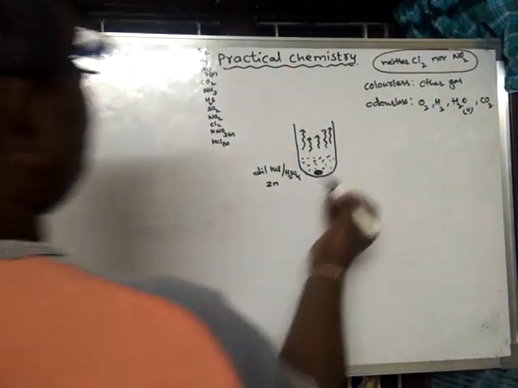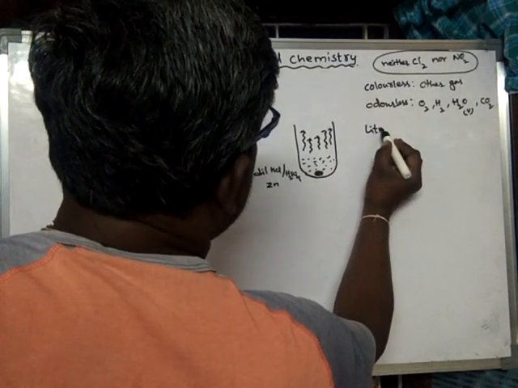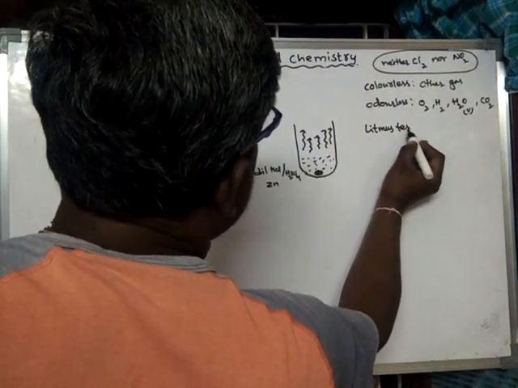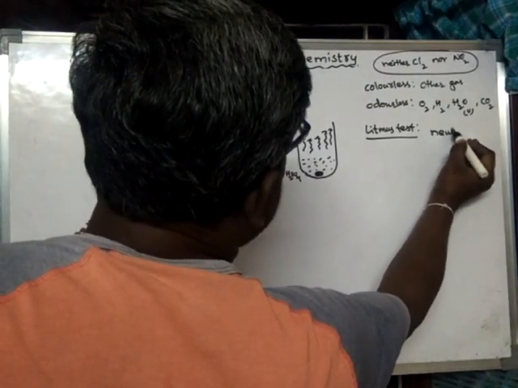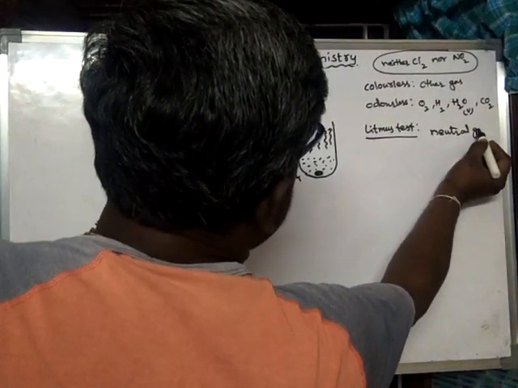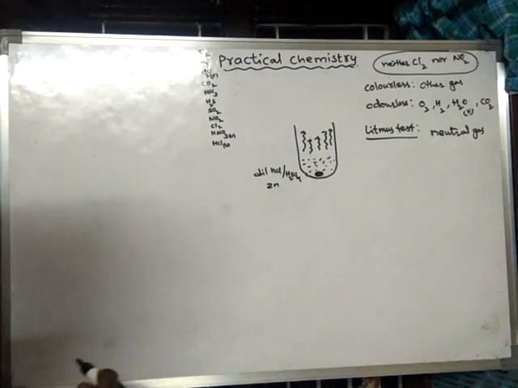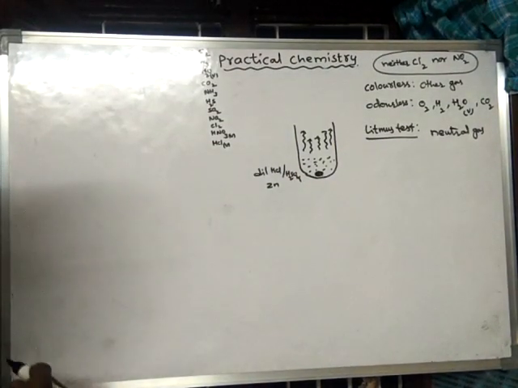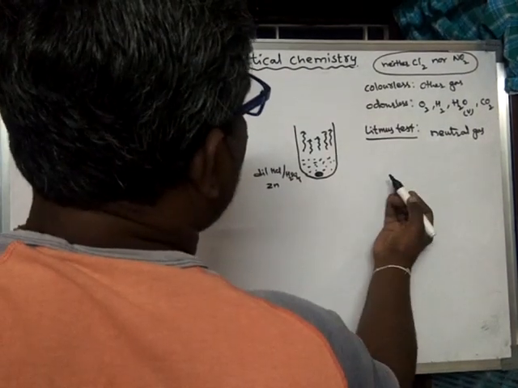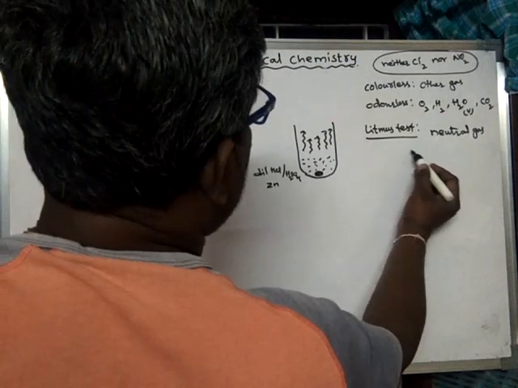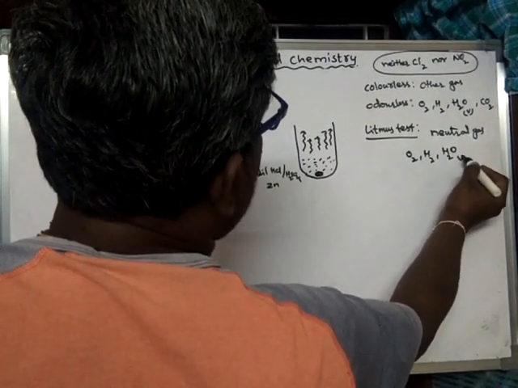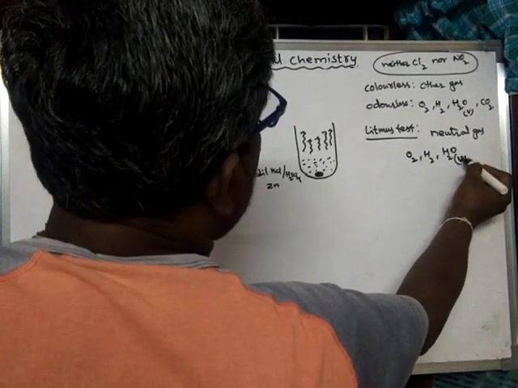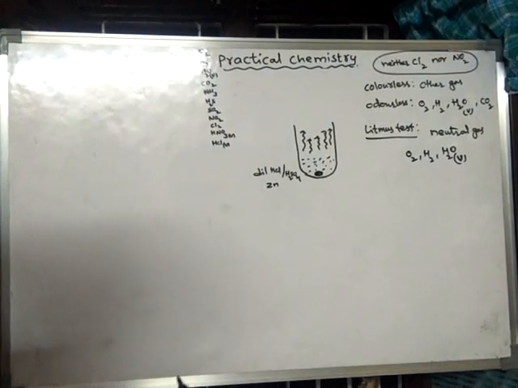Now we'll go with the litmus test. With the litmus test, it is showing that it is a neutral gas. That means it is not changing the color of either blue litmus paper or red litmus paper. As it is a neutral gas, this gas may be oxygen or hydrogen or water vapor. It is not carbon dioxide, because we already learned that carbon dioxide is an acidic gas.